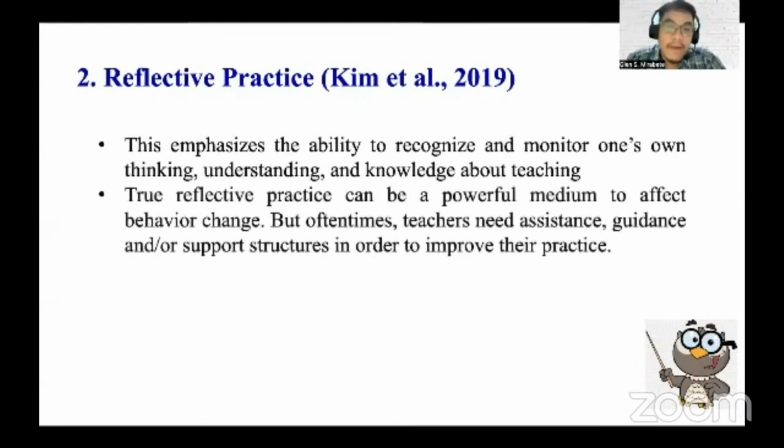So true reflective practice can be a powerful medium to affect behavior change, but oftentimes teachers need assistance, guidance, or support structures in order to improve their practice. So definitely as mentors or administrators, maybe more or less it will be the head teachers, coordinators who supervise the teachers in teams, in clusters.